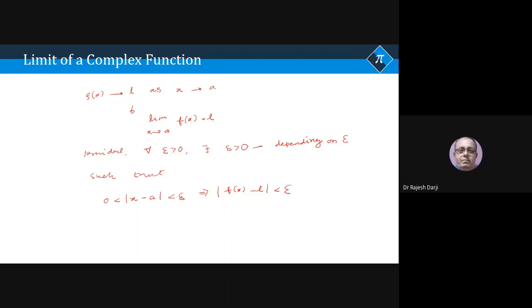This is the exact definition of the limiting process.